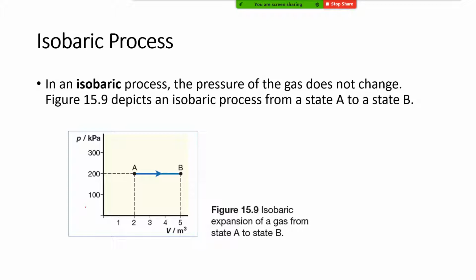So as it relates to the isobaric process, remember we said that that is when the pressure is constant, right? So when you get a graph and you see that there's constant pressure on your graph, then that shows that this is going to be an isobaric process.